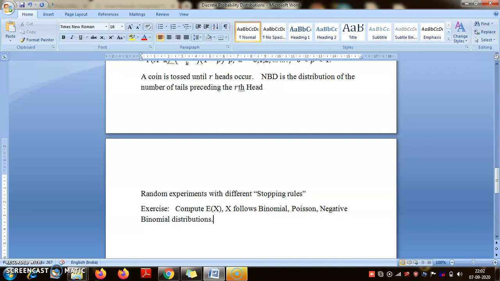Binomial is a simple random variable, so there it will be just values times corresponding probabilities summed. Poisson and negative binomial represent discrete random variables with infinitely many values. There also the formula is the same: sum over values times corresponding probabilities. So I leave that as an exercise. Thank you.